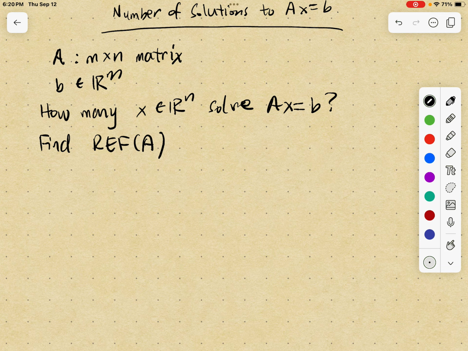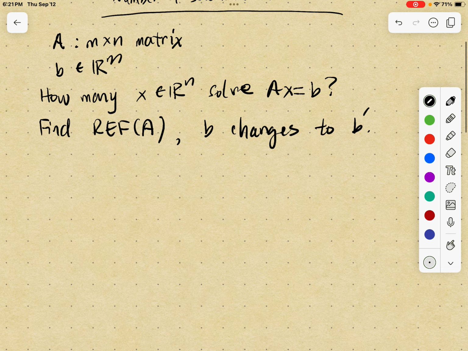And so once you get a row echelon form of A, when you row reduce the augmented matrix, the vector b is also going to change. So let's say b changes to b prime. Let's say that's the vector you get. Okay. So now we have this situation where you have an augmented matrix, which is an echelon form.